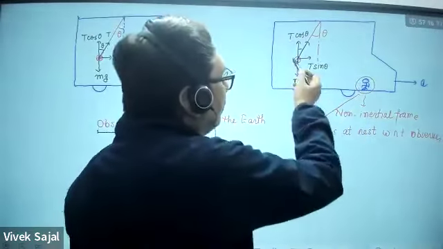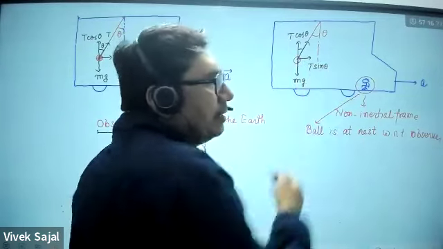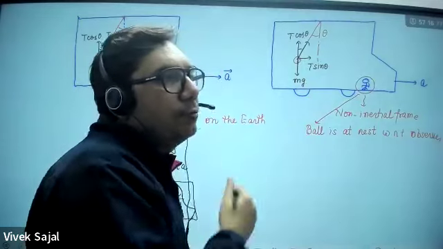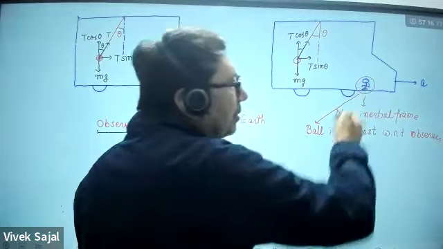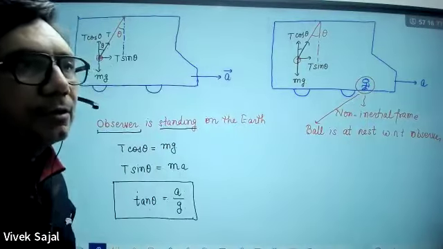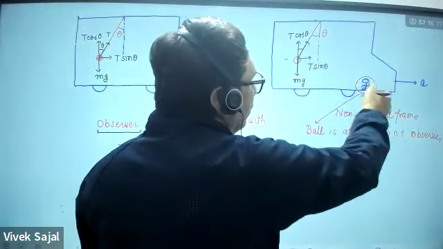So why is it not moving, or how is this T sin theta balanced? Because of the pseudo force. Because he is making observations from a non-inertial frame, you have to apply the pseudo force.